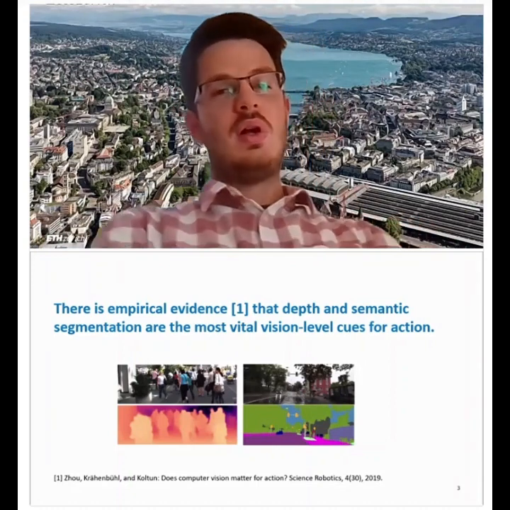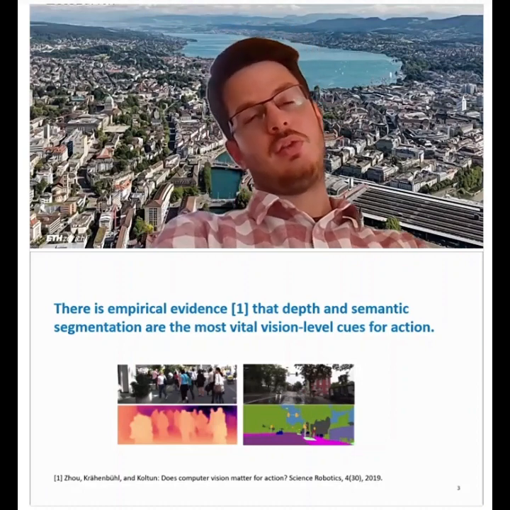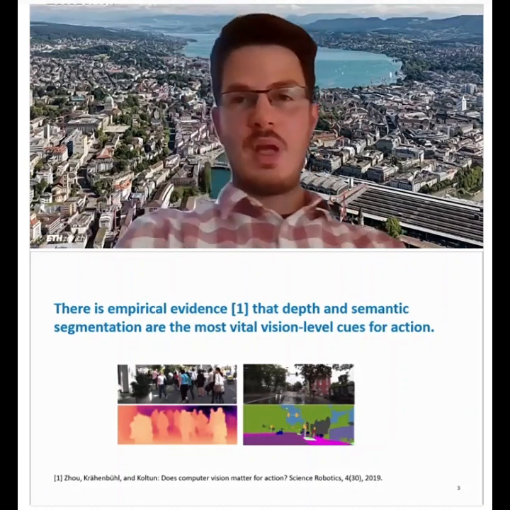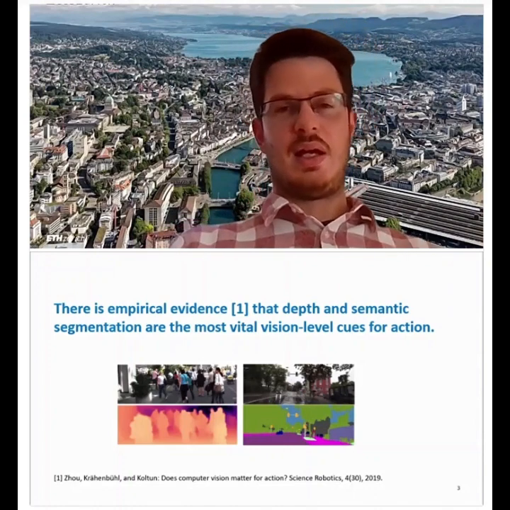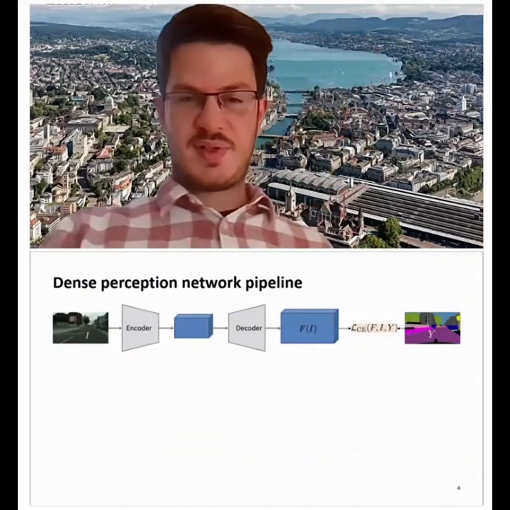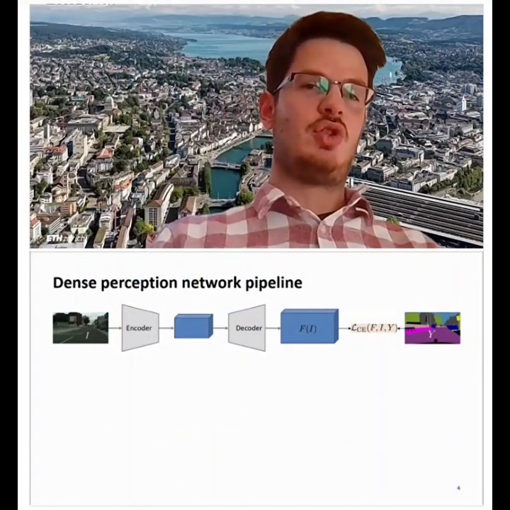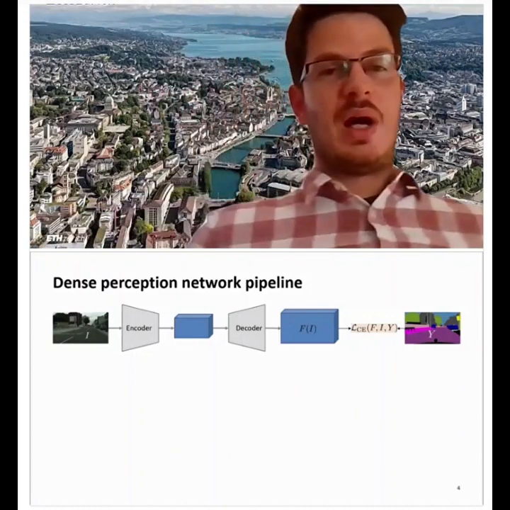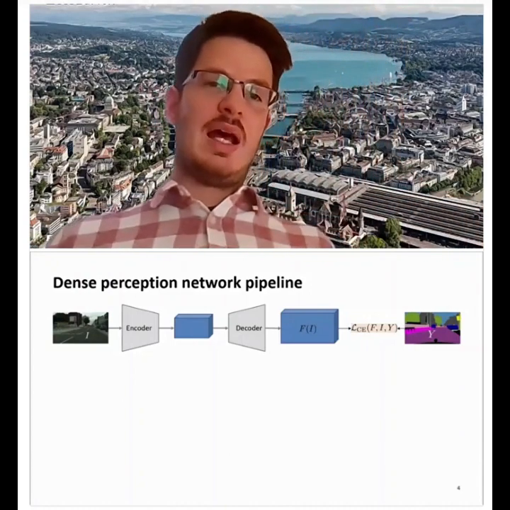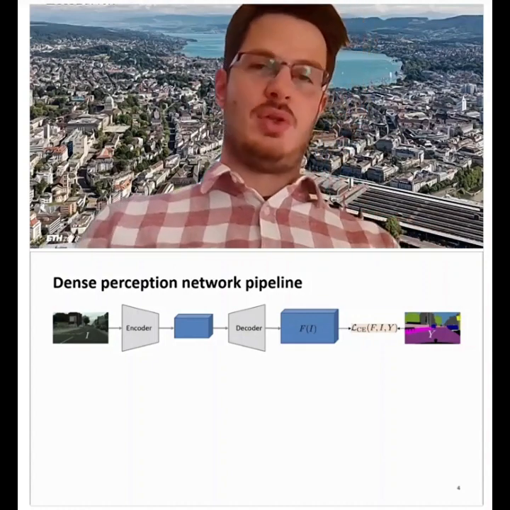They're also the most vital cues for action in the context of autonomous cars or robots. Both of these tasks share the same feature, that they are dense perception tasks. So we need to output a prediction at each separate pixel of our input image.